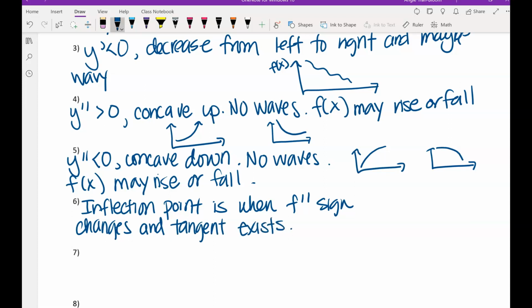Because the first derivative must exist. So something like this. Oh, there you go. That's your IP. We could also go the other way, right? But the most important part here, guys, is that the tangent f prime of x exists.